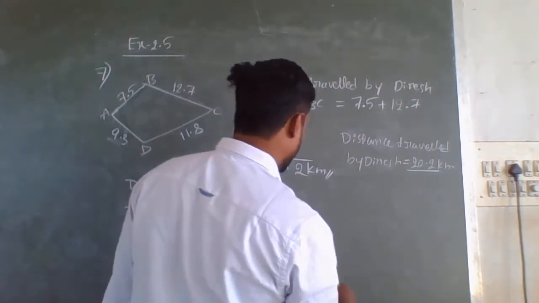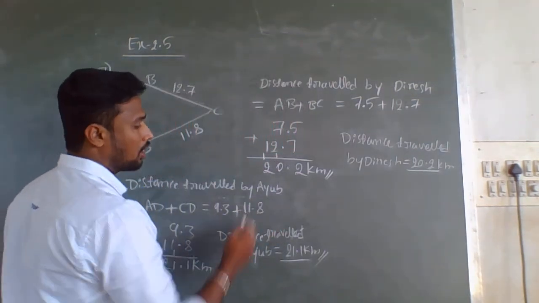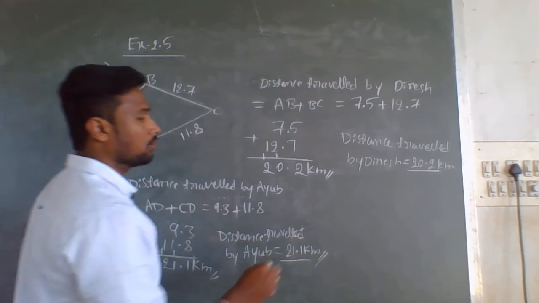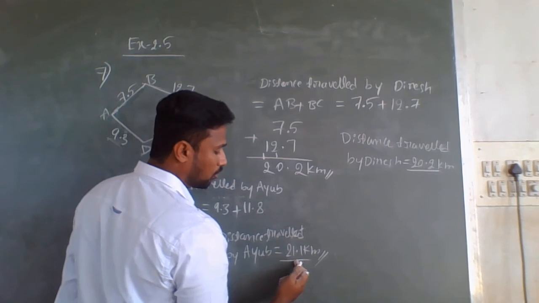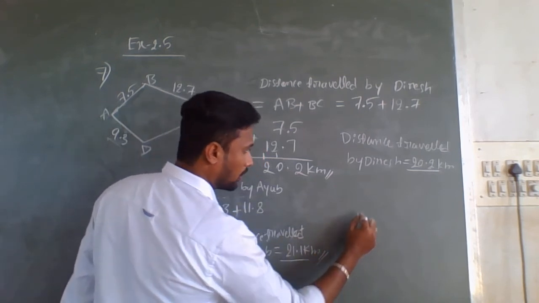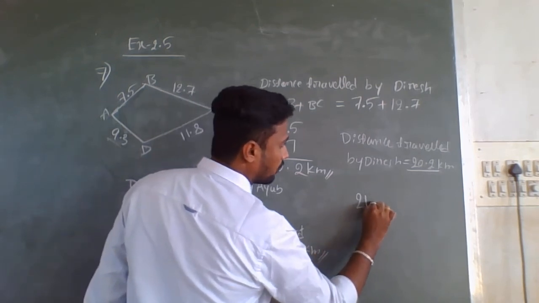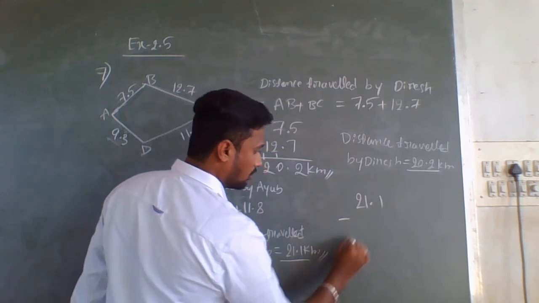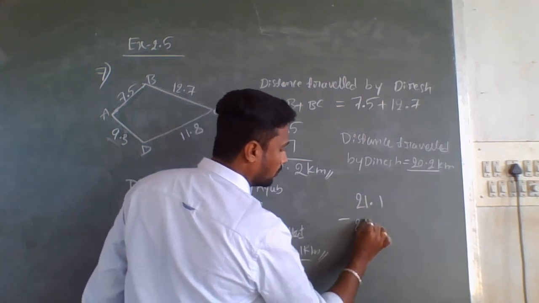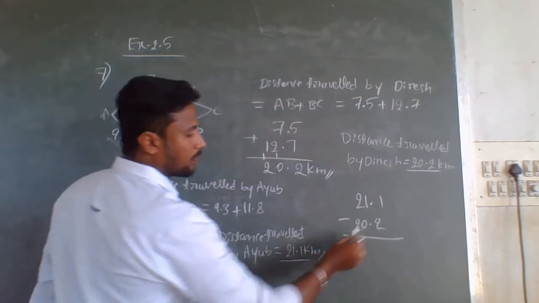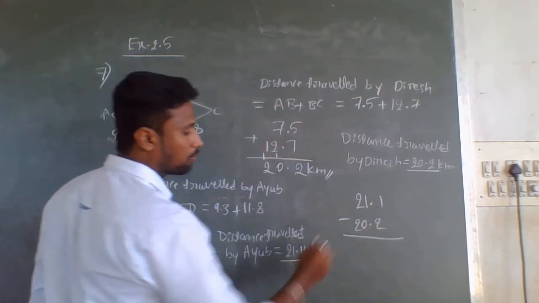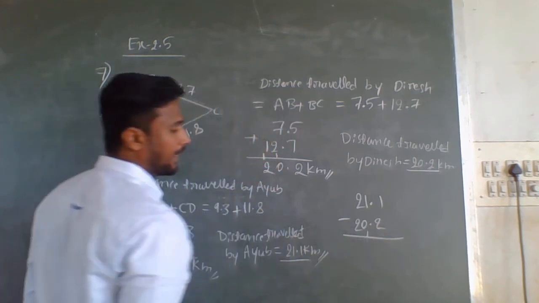So to find out how much more distance Ayub travelled, what do we have to do? I have to subtract this 20.2 from 21.1. So here I will write 21.1 minus 20.2. Now you can see 1 minus 2 is not possible, so I will consider a carry here.